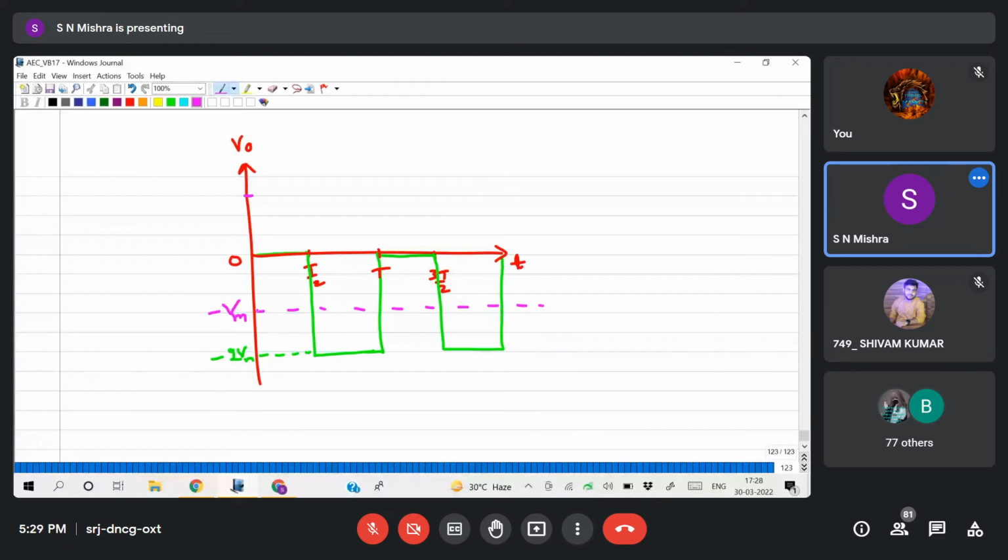What is the peak to peak voltage for the input signal? You see here, from here to here, my input signal. What is my peak to peak?